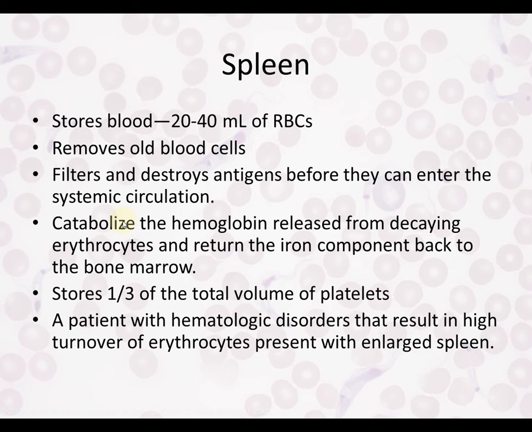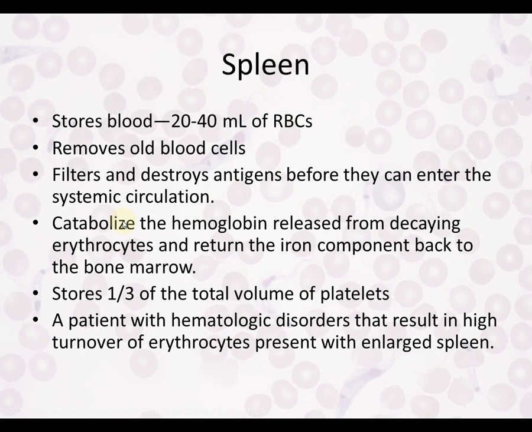The spleen stores blood, about 20 to 40 milliliters of red blood cells. It removes old blood cells, and as one of the primary roles, it filters and destroys antigens before they can enter the systemic circulation. Most notably, the spleen is able to catabolize the hemoglobin released from decaying erythrocytes and return the iron component, the heme component, back to the bone marrow.